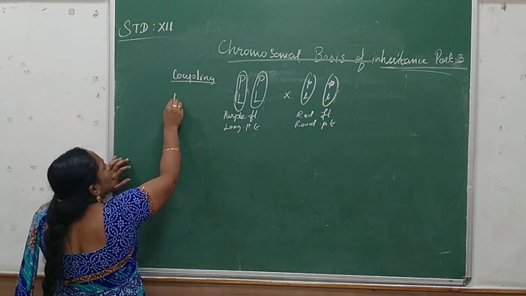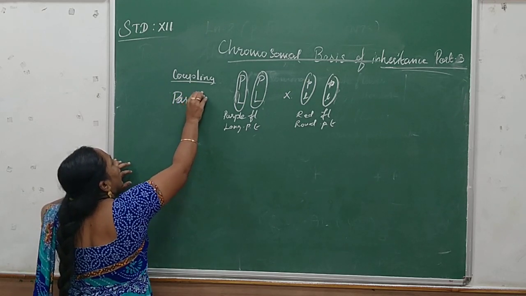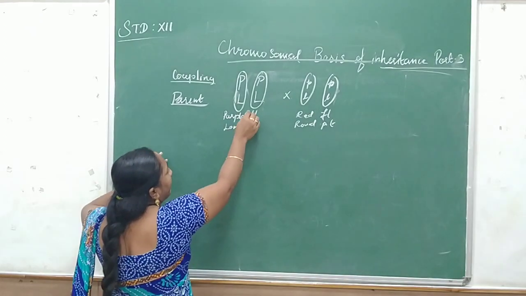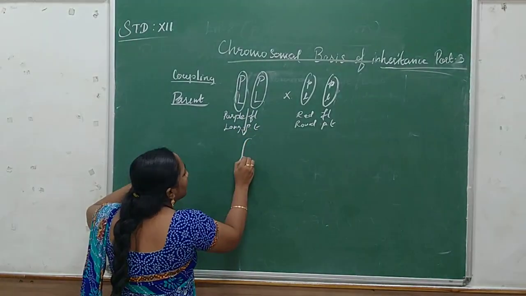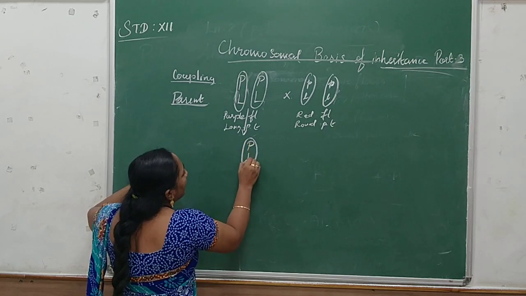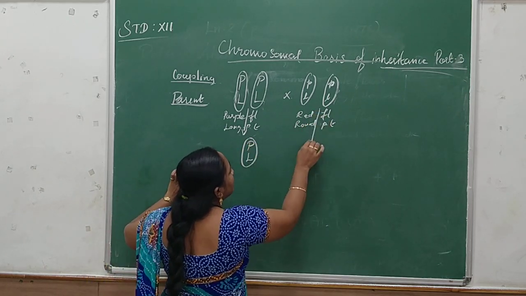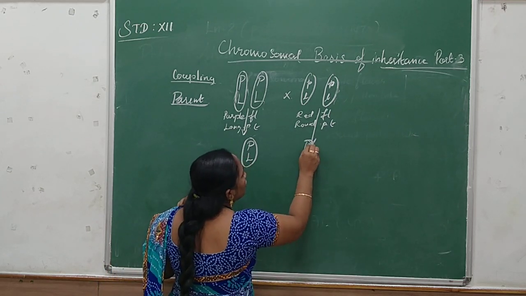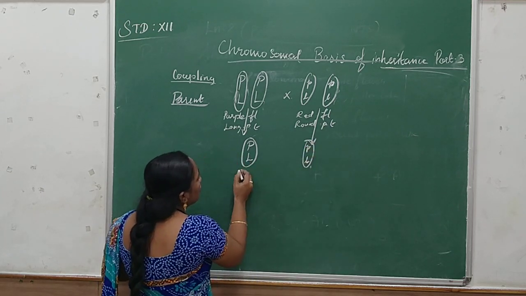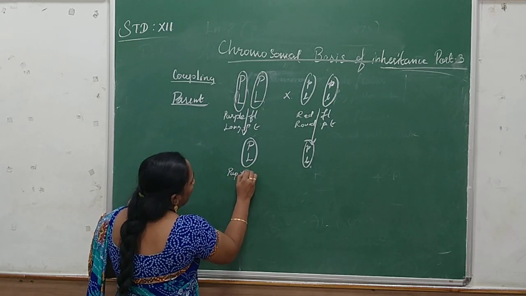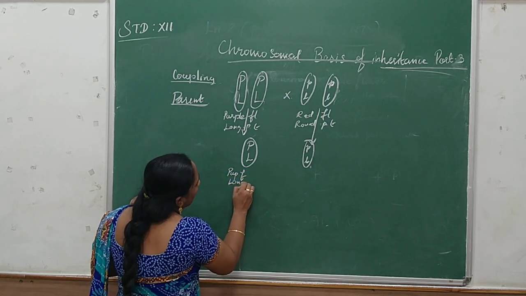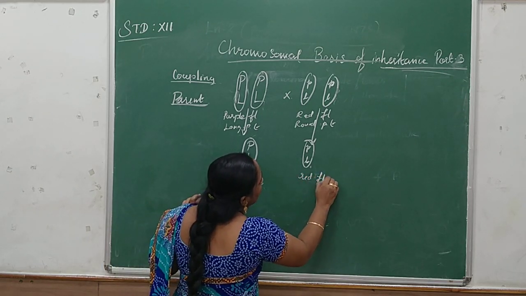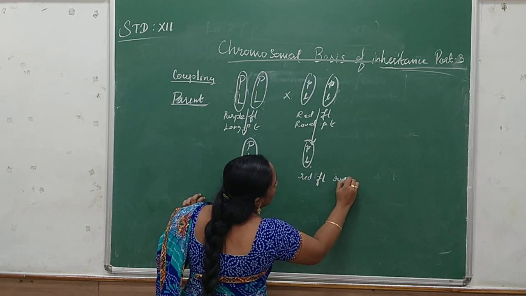So this is the parent progeny. What is the possibility gamete here? The possibility gamete is capital P, capital L, and here both are same, so the possibility is one only. Here also the possibility gamete is small p and small l.